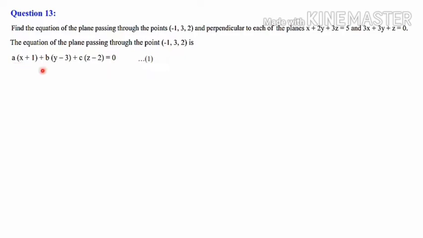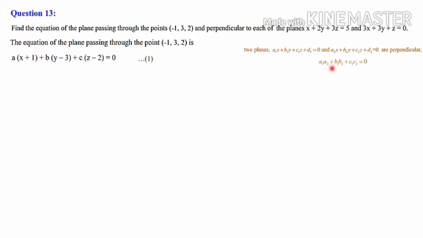And this plane is perpendicular to both of these planes. So we know that two planes a1x plus b1y plus c1z plus d1 equal to 0 and a2x plus b2y plus c2z plus d2 equal to 0 are perpendicular means the sum of the products of the direction ratios of the normals, that is a1 a2 plus b1 b2 plus c1 c2, is equal to 0.